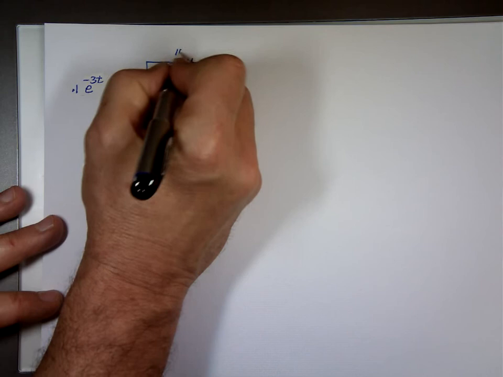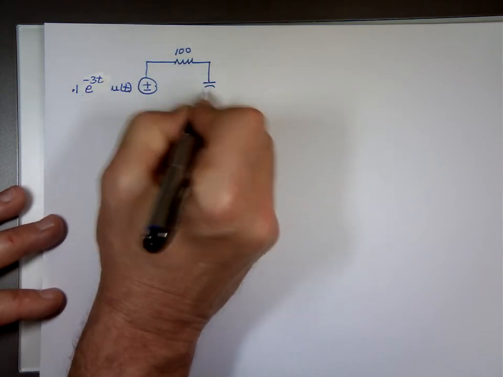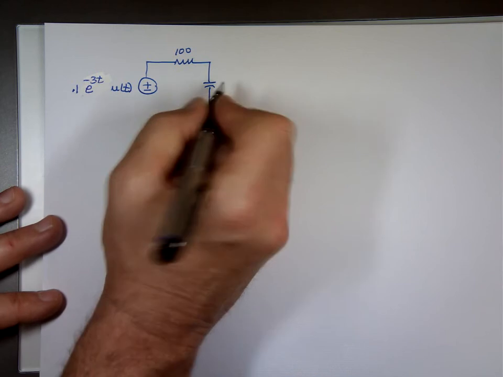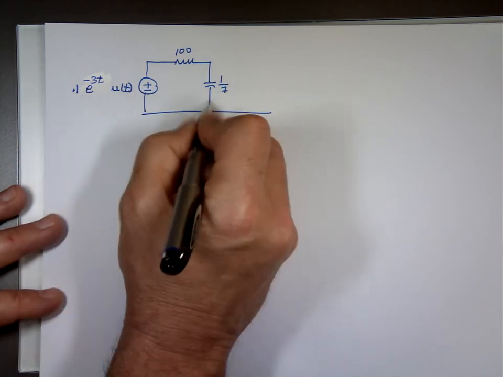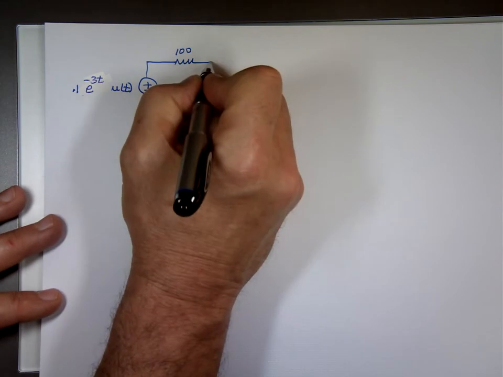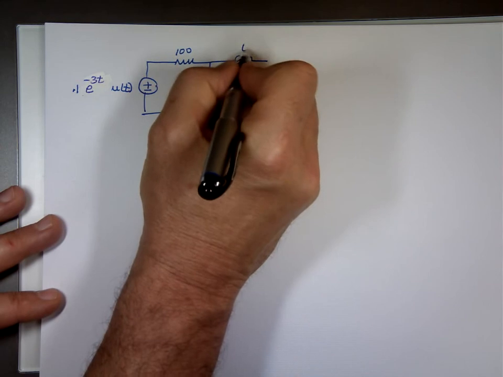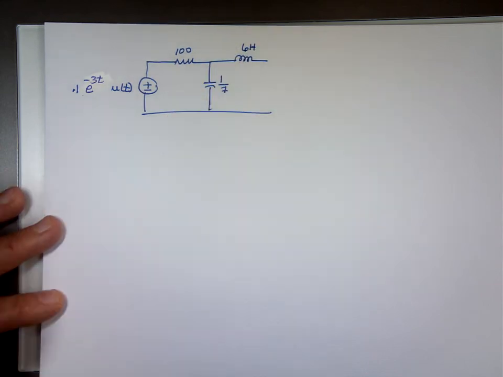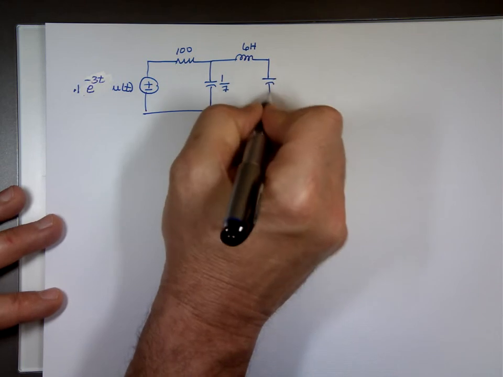This is a capacitor of a value of 1 over 7 F. This is an inductor of 6 henry. This is another capacitor of 1 over 2 F.